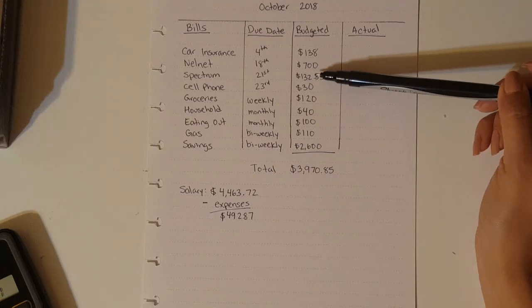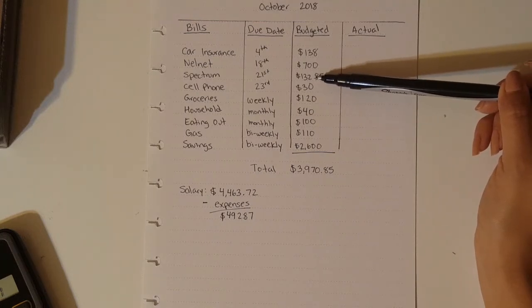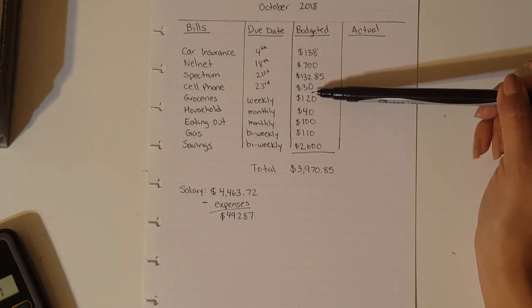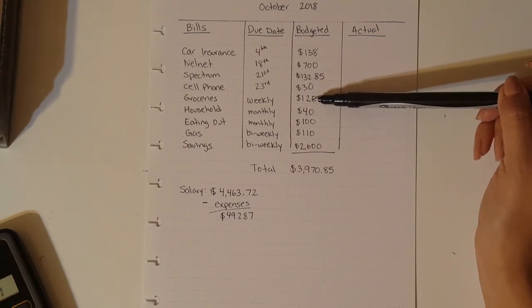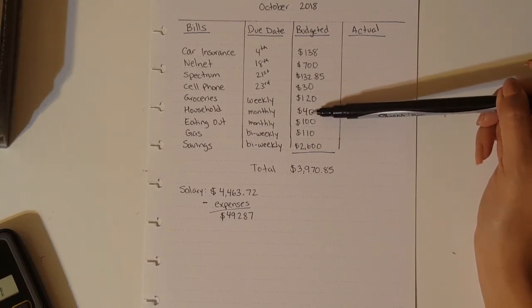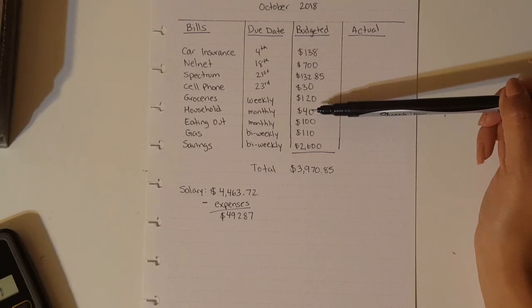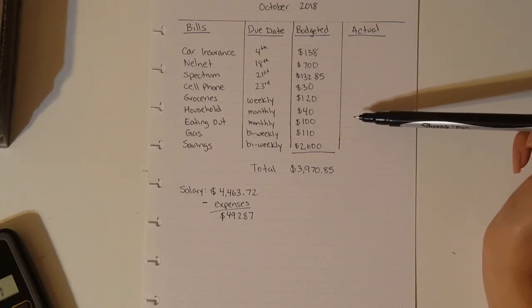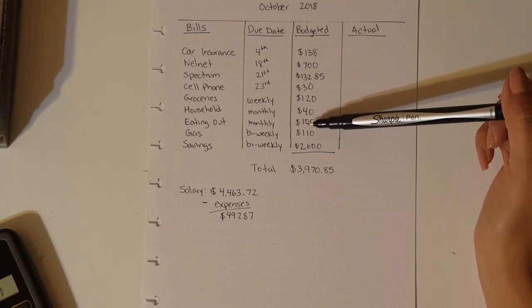This I just paid for. Spectrum, I have to pay that next week. Cell phone will be next week. Groceries, I basically already paid for 2 weeks worth of groceries since we already had 2 Saturdays. Household, I just budget 40 and whatever happens, then I will go ahead and put the amount there. Eating out, 100 for the whole month.